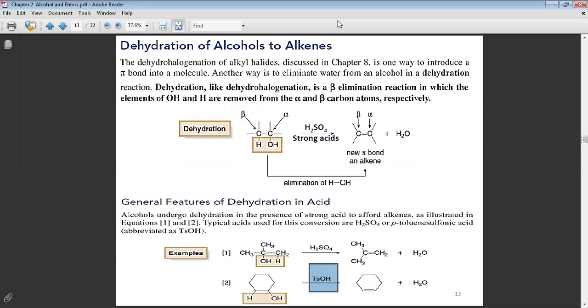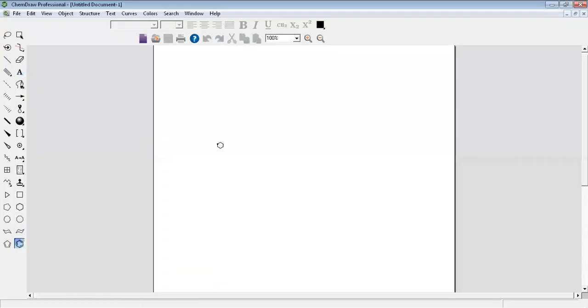I will share the structure for you. This is the structure: we have CH3, and positions 1 and 4, and here para-toluene sulfonic acid, with this oxygen and this OH.